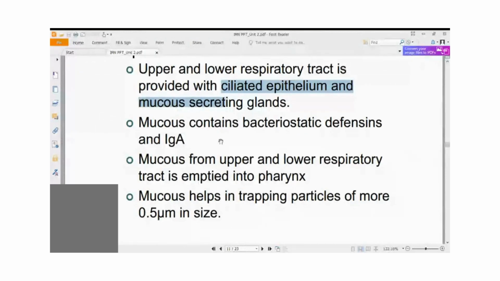Otherwise, the particles of less than 0.5 micrometer will enter the lung and cause a disease called silicosis. This is an inflammatory disease, because silica particles cannot be digested in the body. Neither your immune cells, like macrophages, which phagocytize these inert particles, will be able to digest them. Once the macrophage phagocytizes these foreign particles that enter the lung, those macrophages become useless and they settle down in the lung to cause dense patches in the lung, which are called granuloma.